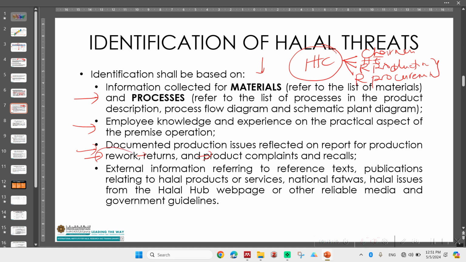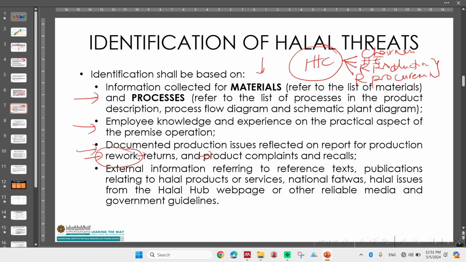When we say reworking, it is like when you make a product and the product becomes contaminated, or it has a bad quality, for example, but you can repair that product. Repairing this product, we call it reworking.